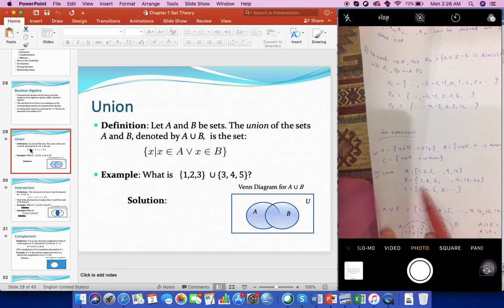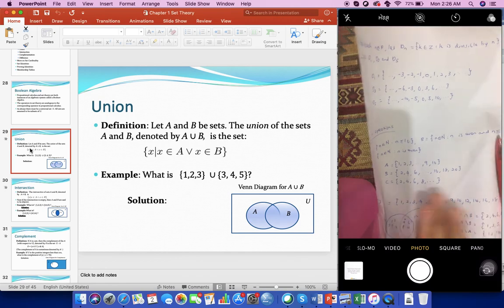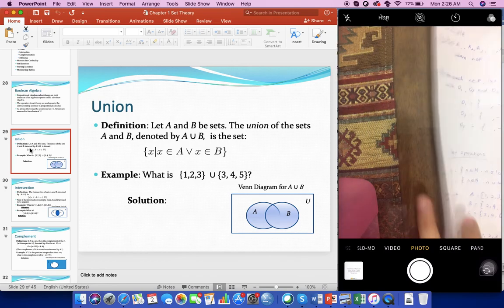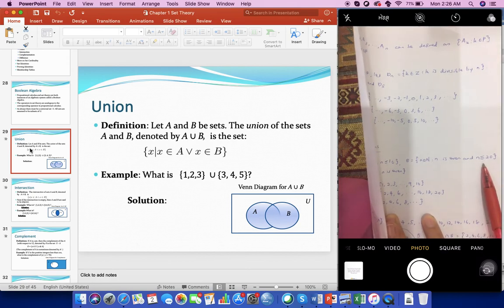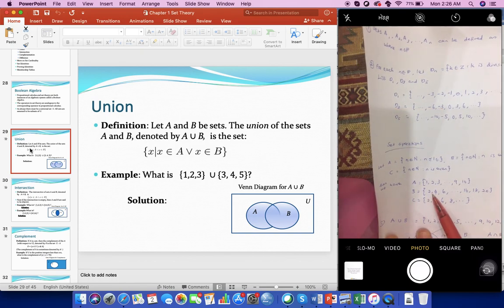So even starts with 2, 4, 6 until 20. So set B starts from 2 until 20. Whereas set C is even numbers only, so it starts with 2 until dot dot dot.